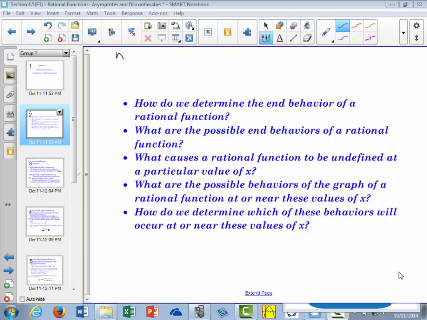So if n is less than d, then y approaches 0. If n is equal to d, then y approaches an asymptote formed by the leading coefficient over the leading coefficient.